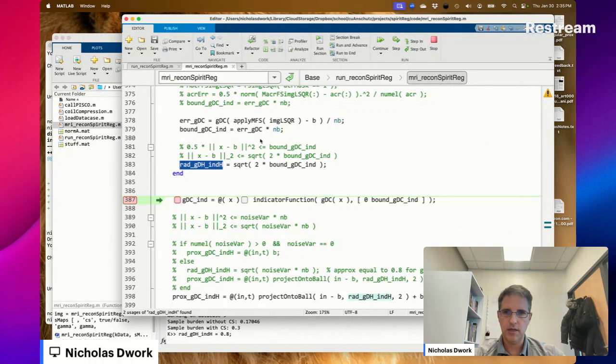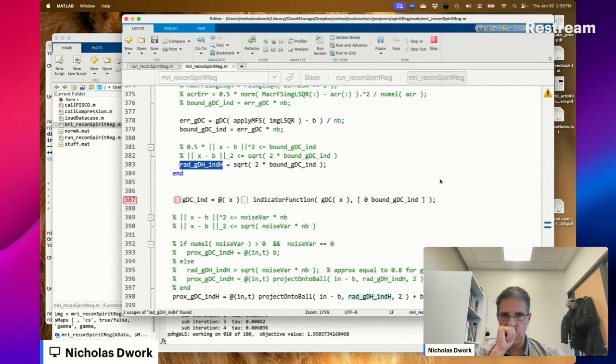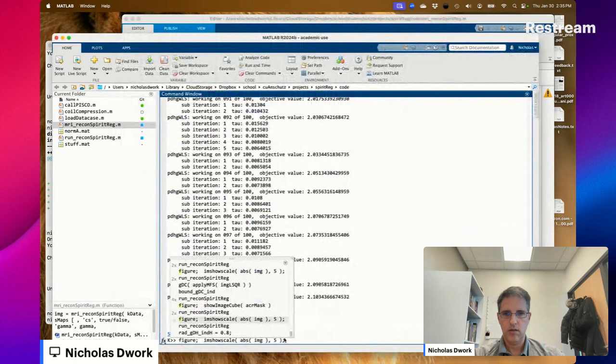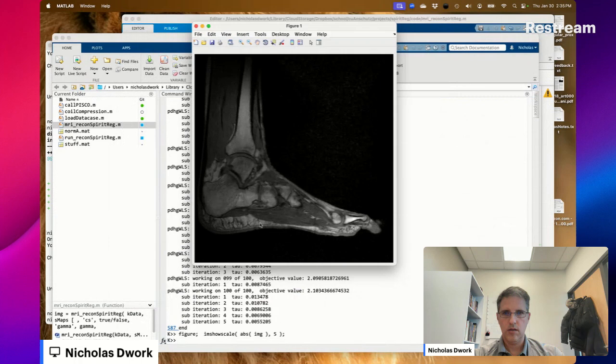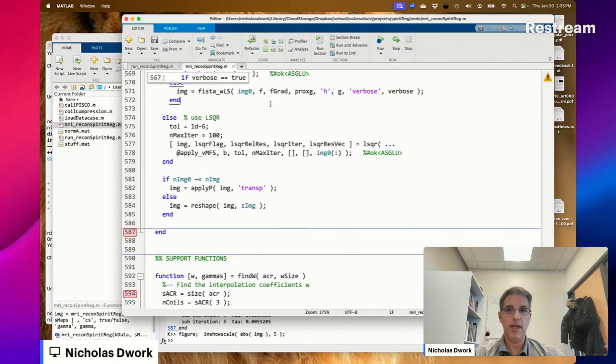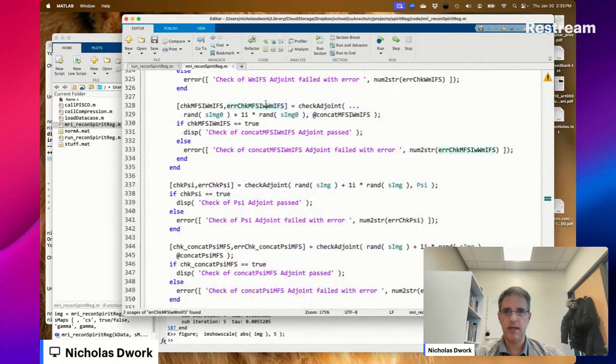Let's just make sure there's still a good result with 0.8. With 0.8, the result is good. With 8, the result is bad.